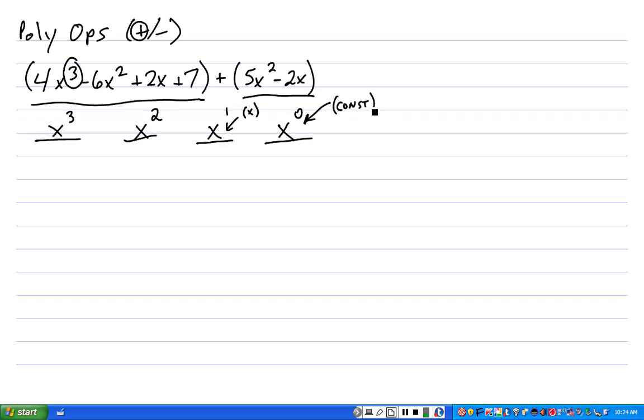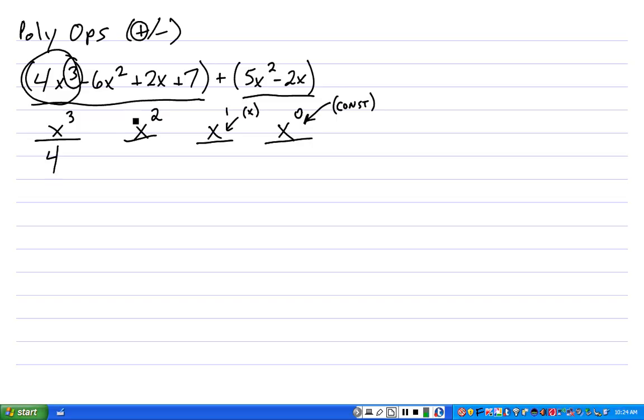They're just constants. So we're starting off with our x to the third. I see I have a 4x to the third here, so I write down my 4 for my x to the third, and I scan over all the other terms in all of the parentheses to see if there are any other x to the thirds. I don't see any. So now I can move to the next, which is my x squared.